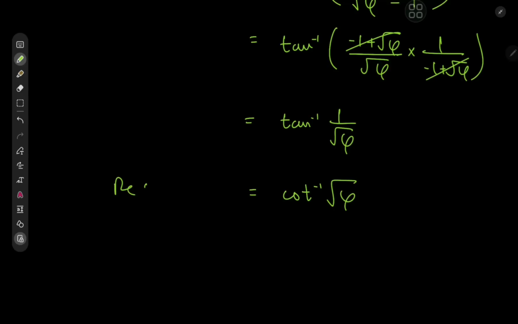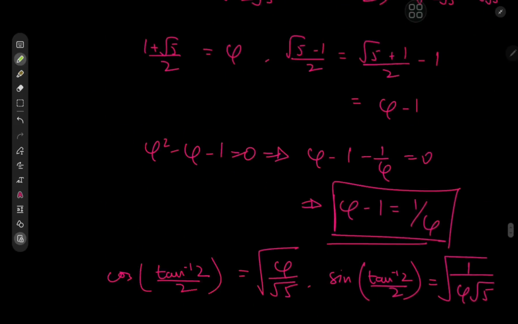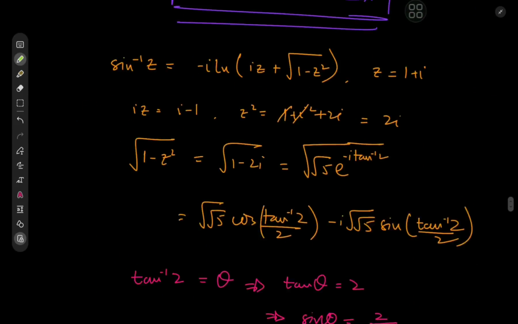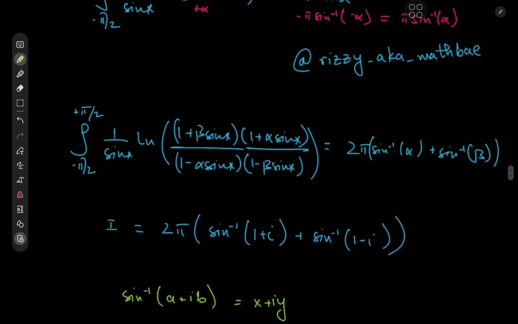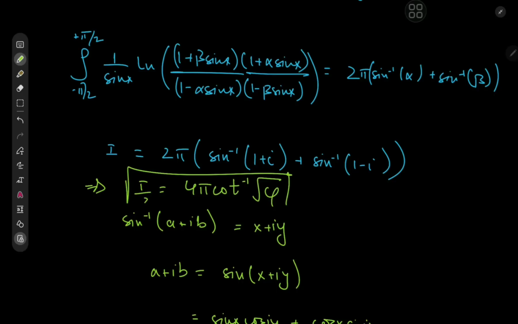That's the real part of the inverse sine of 1 plus i, which itself is a beautiful result. But we're interested in twice its result, and for the result of our integral, we actually have to, if I remember correctly, yes, multiply it by 2 pi. So that means I here equals 4 pi times the inverse cotangent of root golden ratio, which is absolutely gorgeous.